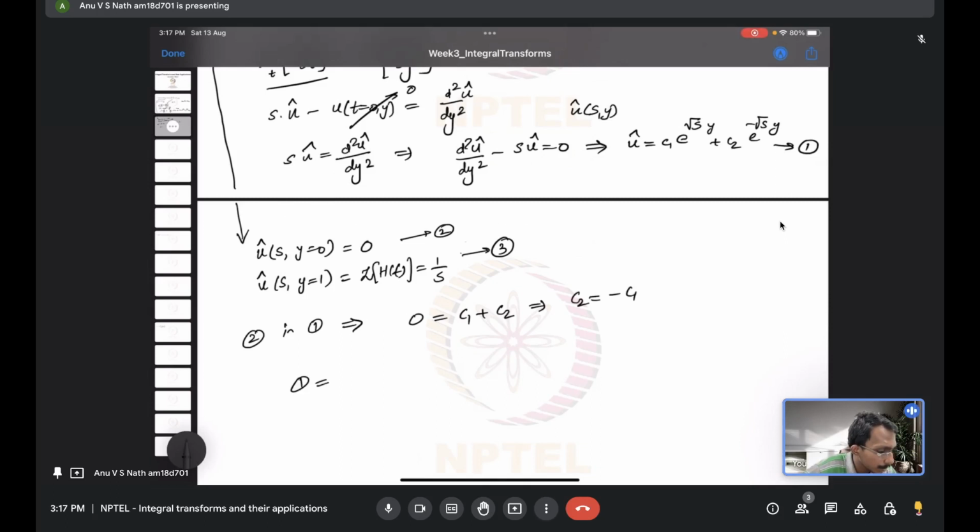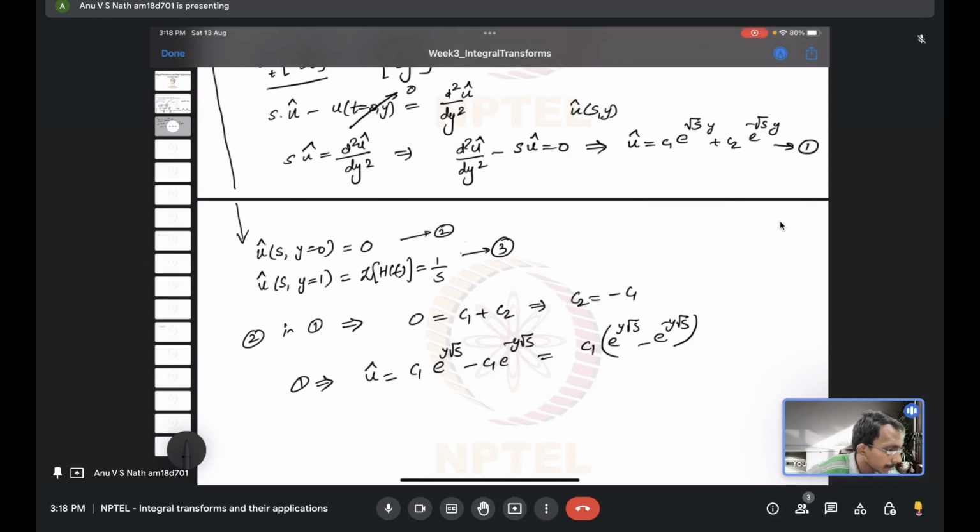So equation 1 can now be simplified to u cap equal to c1 into e raised to y root s minus c1 into e raised to minus y root s, which we can write as c1 into e raised to y root s minus e raised to minus y root s.